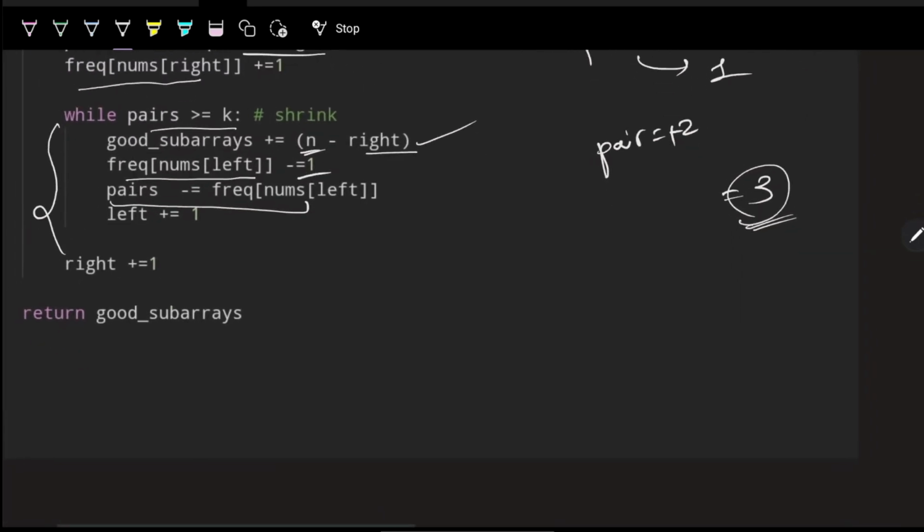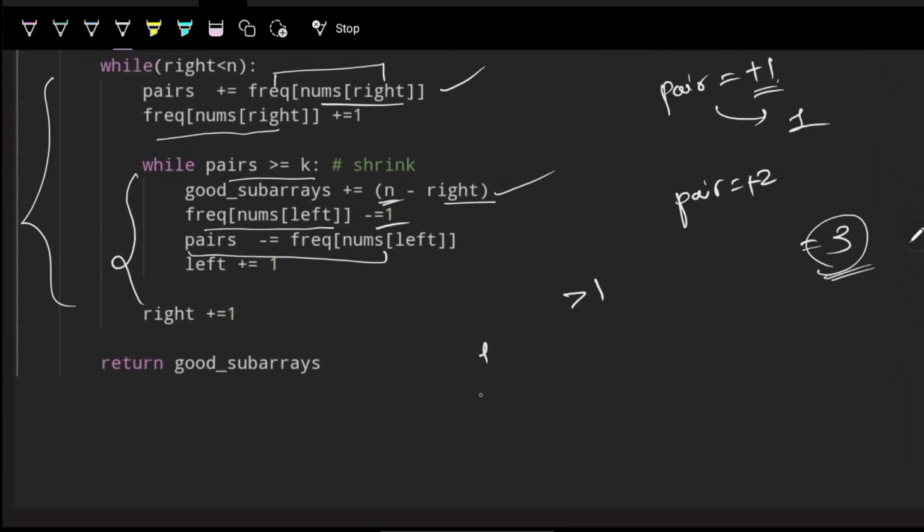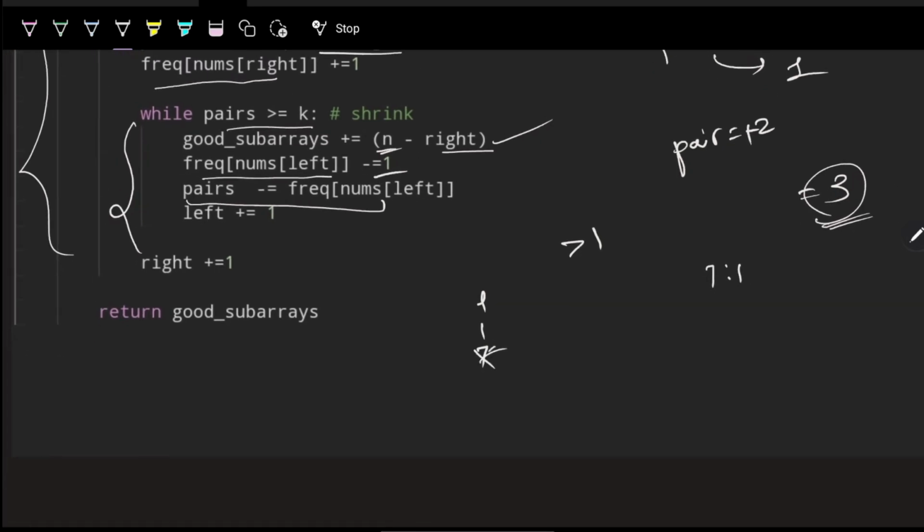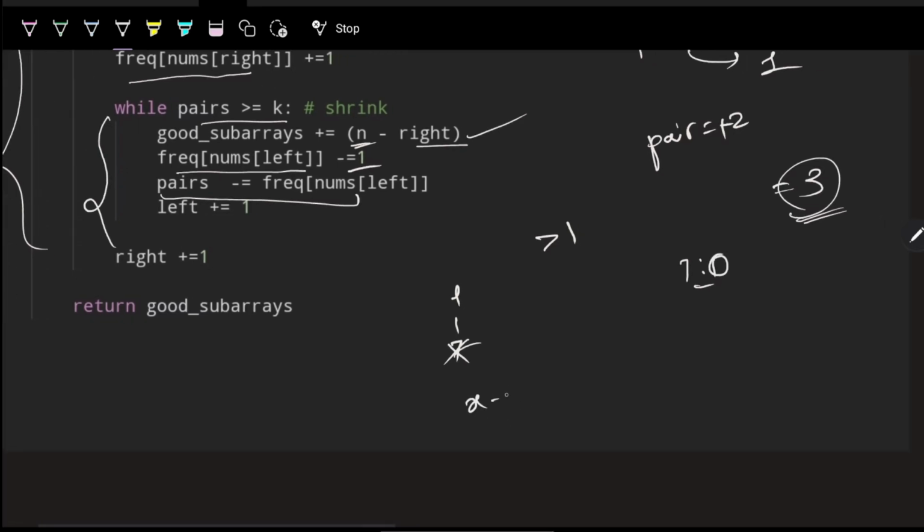See, any element can be part of a pair only when it has a frequency greater than 1. So for example, if my left is at 7 and 7 has a frequency of only 1, then it is not a part of any pair. So when I am decrementing, it will become 0. So whatever the pair count I have, x for example, x minus 0, there will not be any effect.